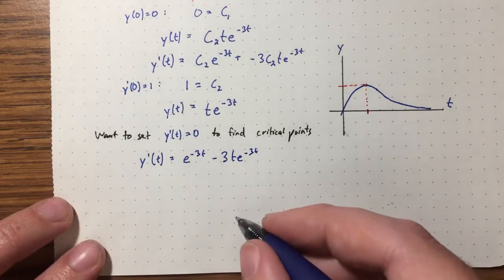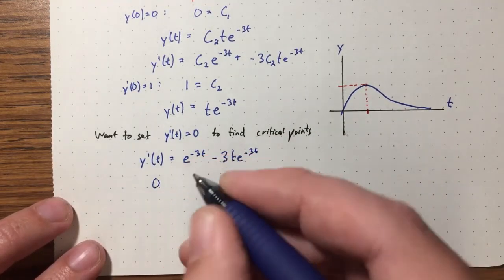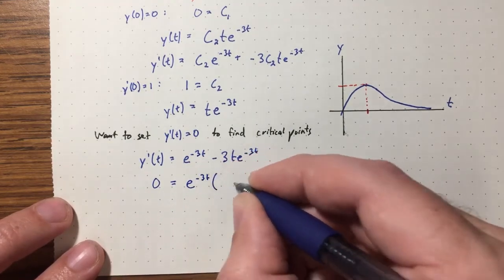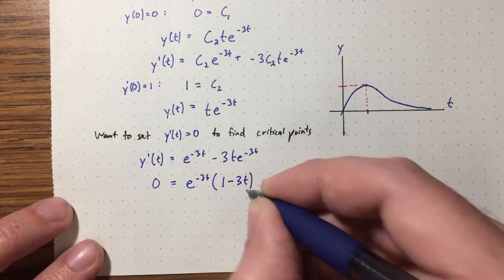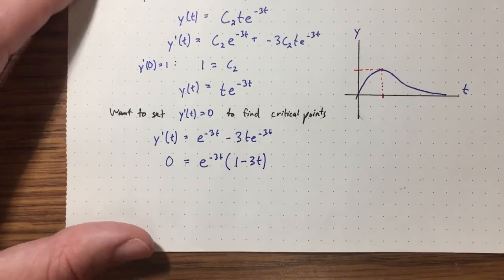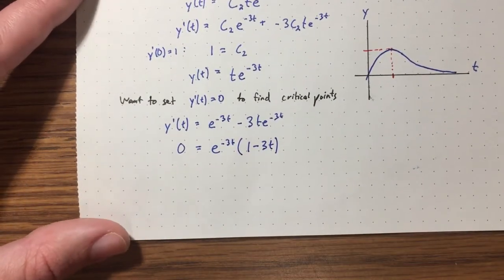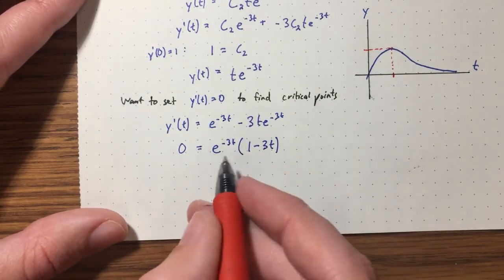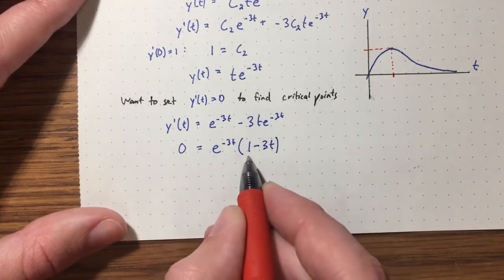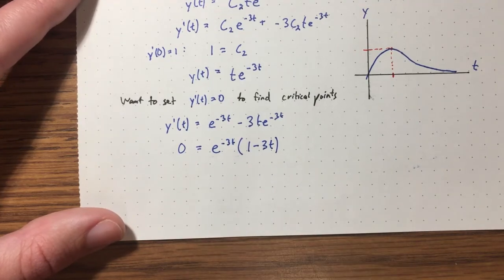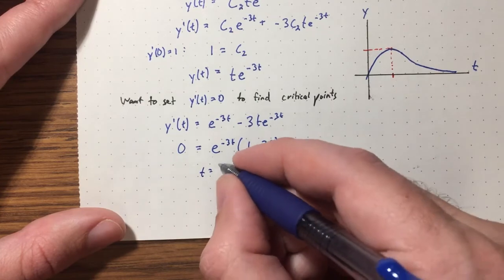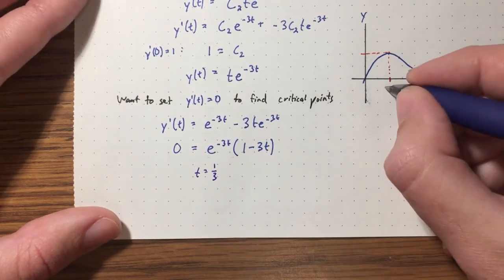Okay. Now let's set that equal to 0. And I'll factor out this e to the negative 3t. And we get this. And we want to solve for t. Well, this term here is never 0. So this has to be 0. Which means t has to be 1/3. So here's 1/3.